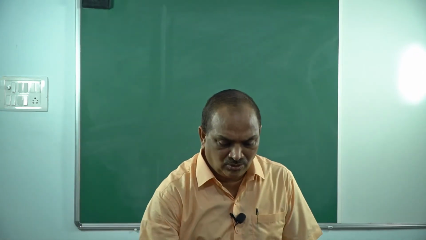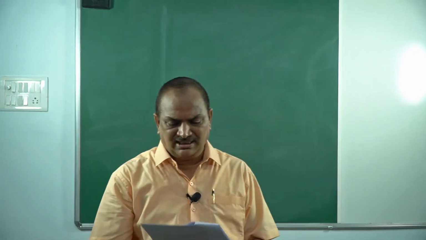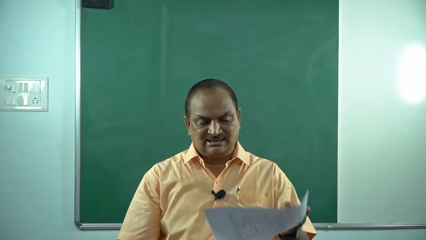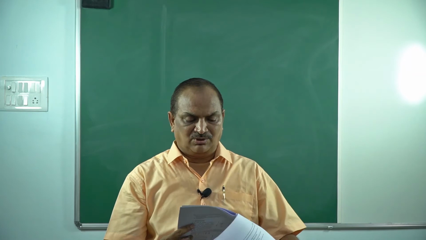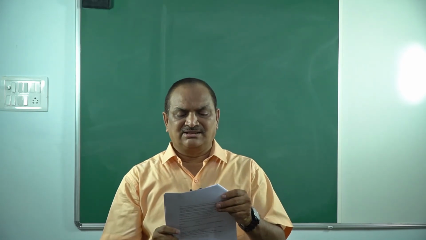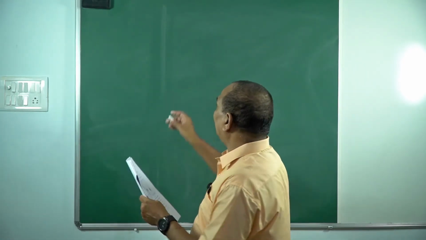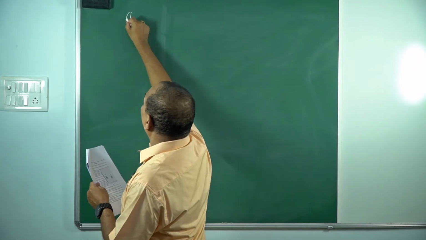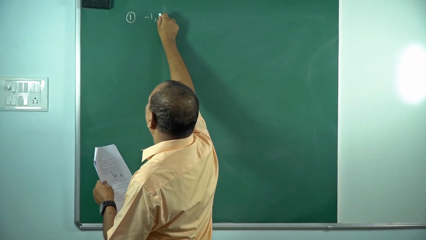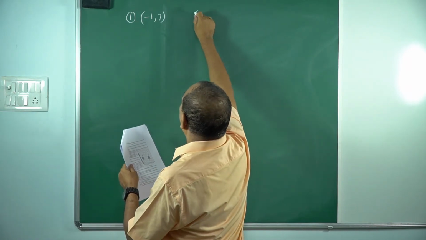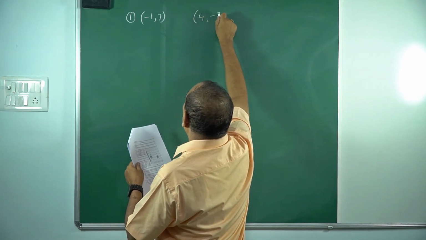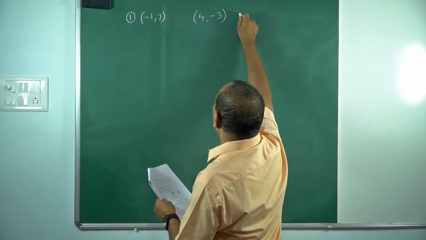And we do a few problems here based on this section formula. That exercise is 7.2. Find the coordinates of the point which divides the join of, this is the first problem, -1 comma 7 and 4 comma minus 3, and the ratio is 2 is to 3.